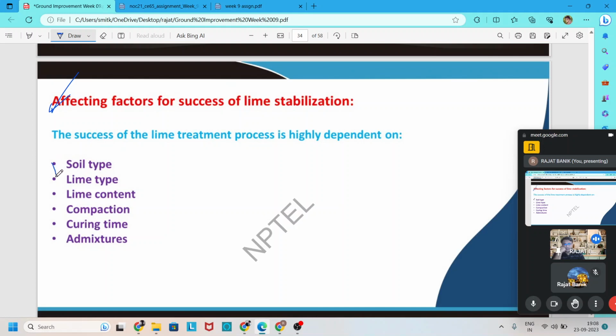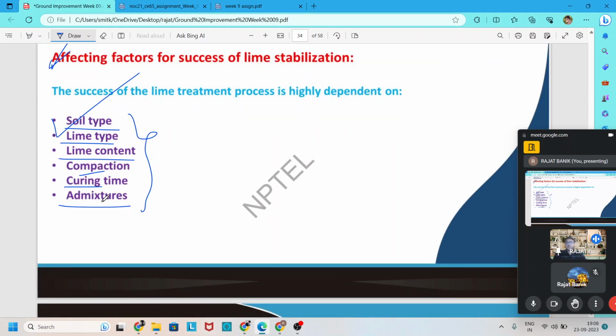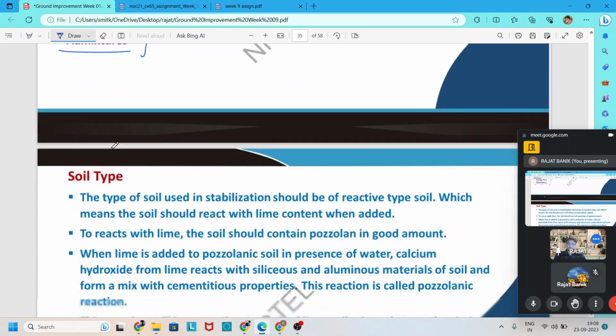It is said that it depends on the soil type, lime content, compaction, curing time, and mixture. These are the different governing factors which should be taken care of during lime stabilization. One by one we discuss them now.